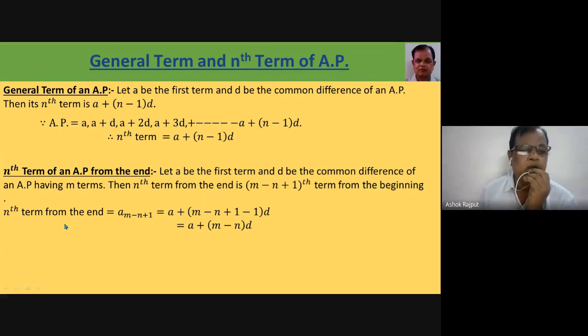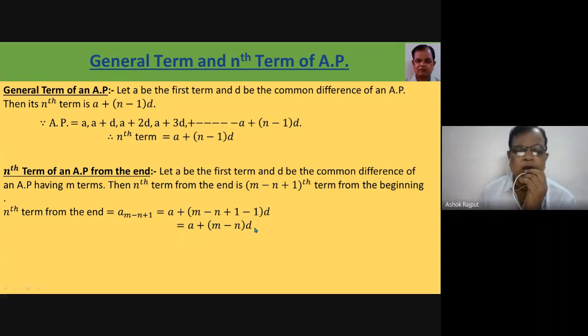As the nth term from the end is a_(m minus n plus 1), equal to a plus, in the bracket, at the place of n we have written m minus n plus 1, and in the formula, n minus 1 is already there, so the 1 cancels.